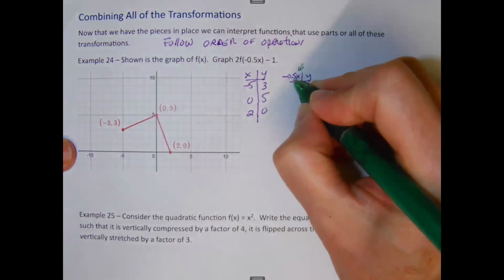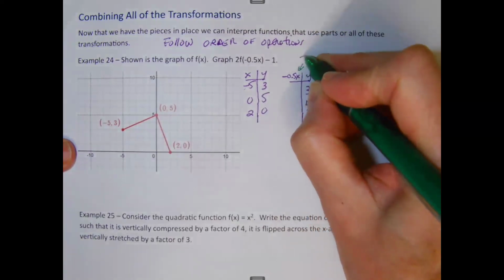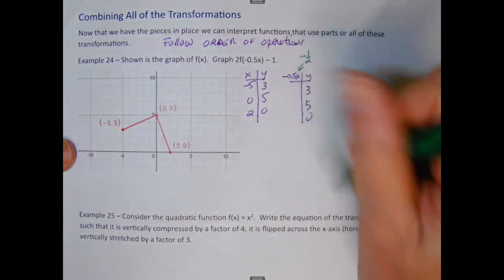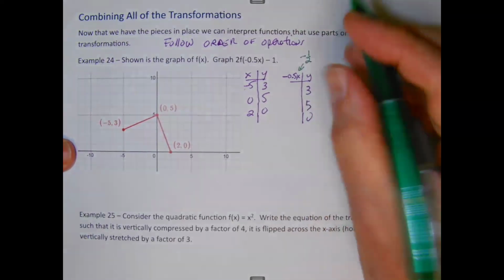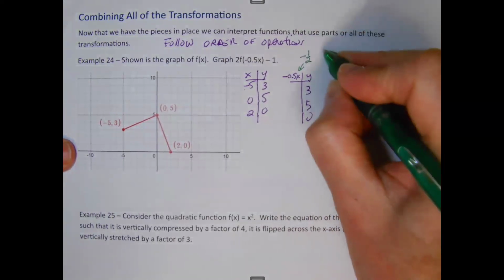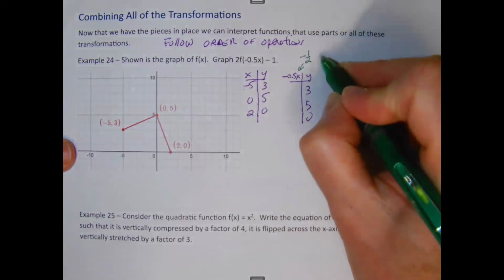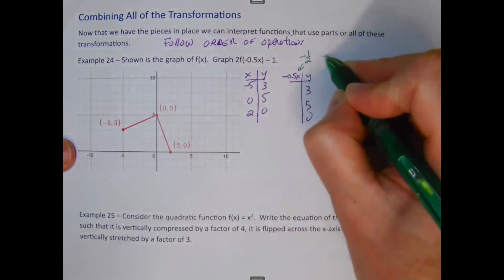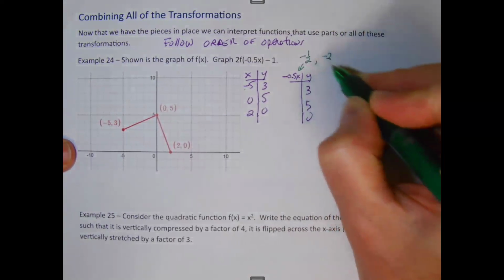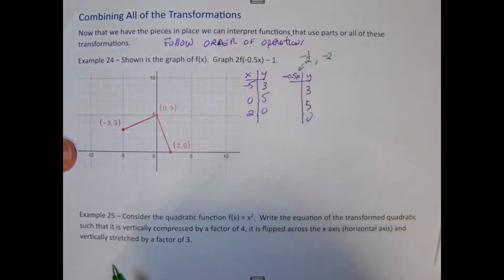Instead of multiplying by negative 0.5, which, let me remind you, expresses negative a half, I'm going to instead multiply by its reciprocal, which is 2. So instead of doing half, I'm going to multiply by 2.